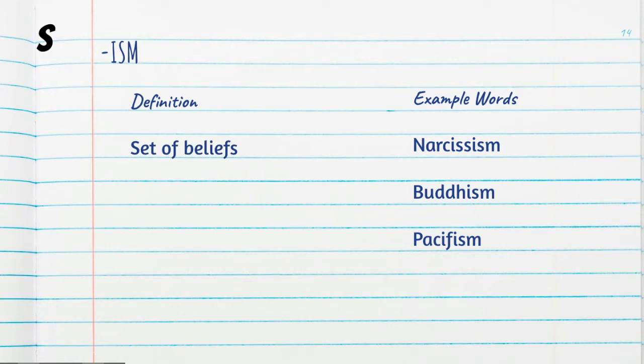Buddhism is a set of beliefs that is a religion that follows the teachings of Buddha. And then the last one is pacifism. If you believe in pacifism, it's a set of beliefs that basically relates to believing that everyone should be peaceful and nonviolent.